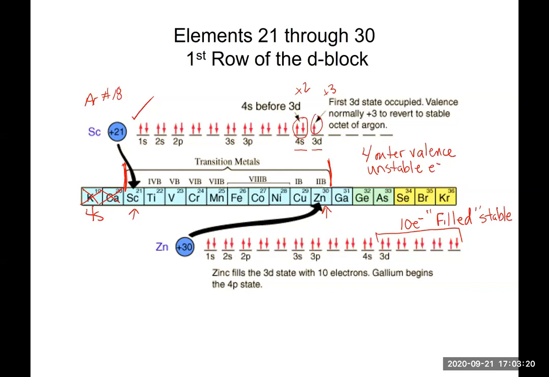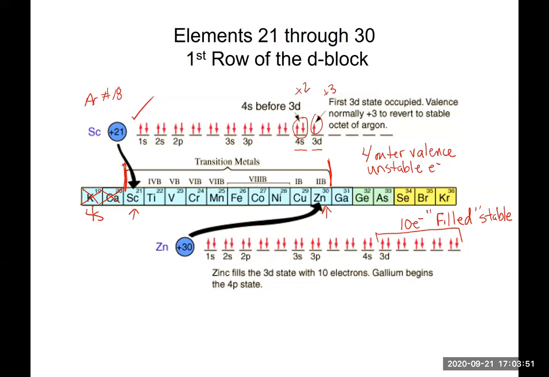And half filled is somewhat stable, not quite as stable as filled, but half filled is fairly stable as well. So when you have filled or half filled orbitals, you can count on that being pretty stable. And indeed, this is so stable that zinc always has the same oxidation state, so much so that we don't even really consider zinc to be a transition metal.